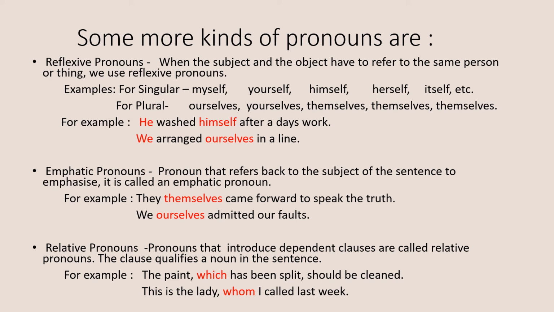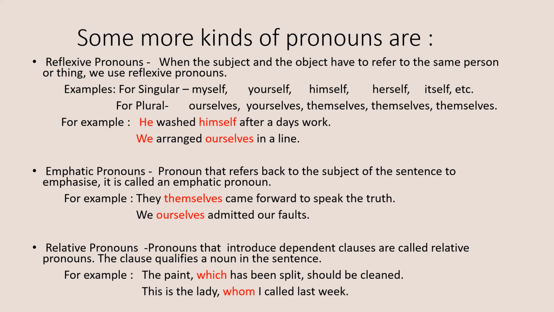These more kinds of pronouns are added this year: reflexive, emphatic, relative. Reflexive and emphatic are not too different. Remember, reflexive pronouns come after the subject and verb, and emphatic pronouns come immediately after the subject. It is referring to the subject.